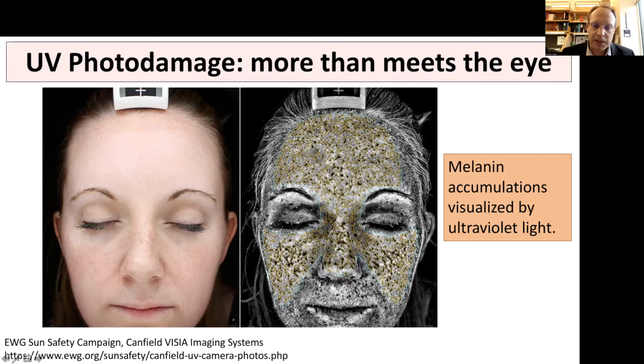Each of these melanin accumulations in this image is highlighted with a yellow line around it. So there's much more photodamage than what we can see clinically. Our naked eye can only appreciate so much. And with all this photodamage, it's important for us as dermatologists to understand how to tackle the subclinical skin damage that we can't see.